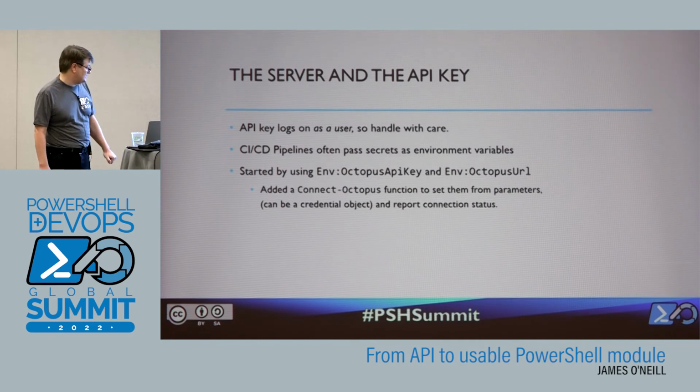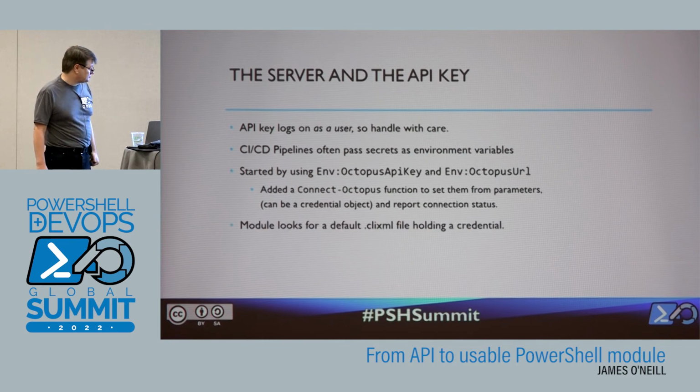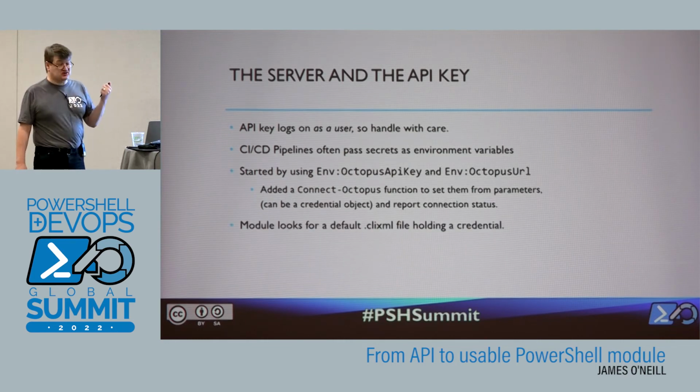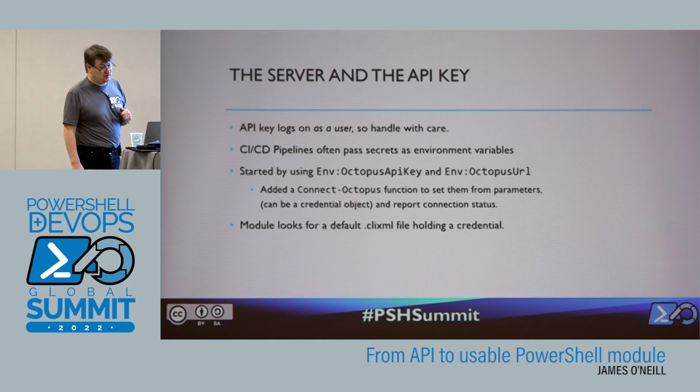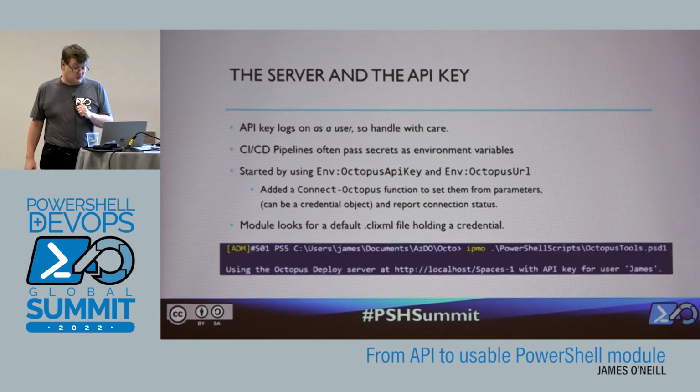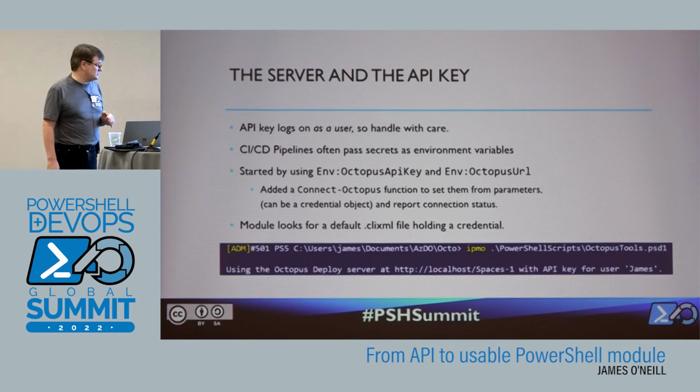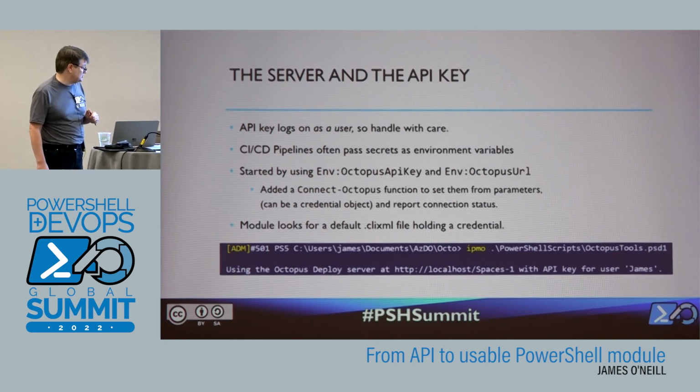I was showing you the credential object before, and Connect will report the connection status. So it tells me where it's connected and who it connected as. So the module looks in the PowerShell profile directory for an XML file and processes that. And that was what we saw when I first started that session.